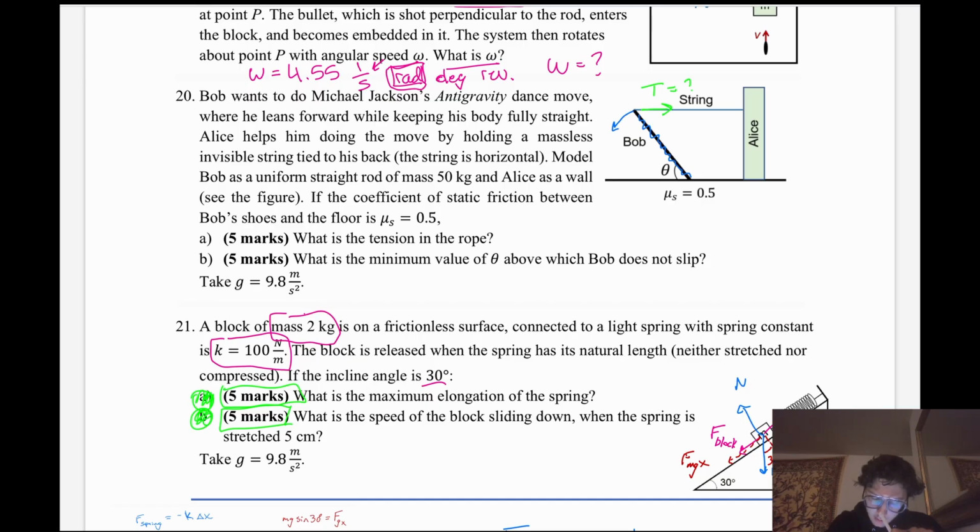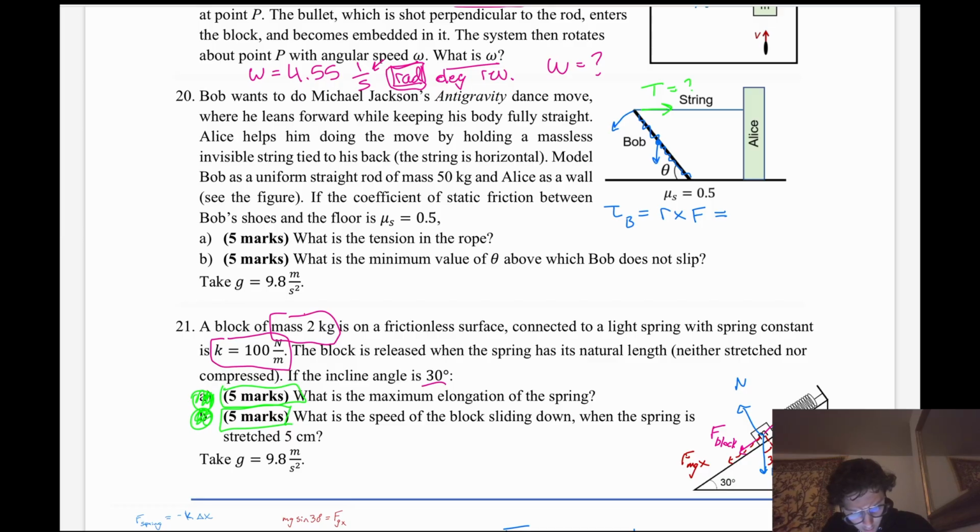The whole rod wants to fall over. The center of mass, 50, is pulling here. Let's go, I think we're chilling. This is a torque problem, I think. So the torque of Bob is equal to R cross F, and the R here is at its center of mass.